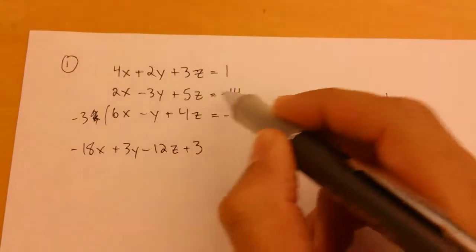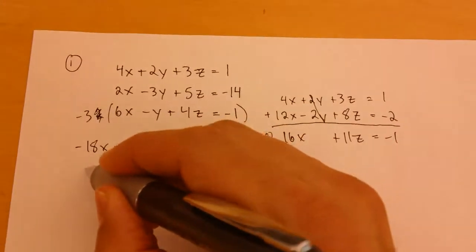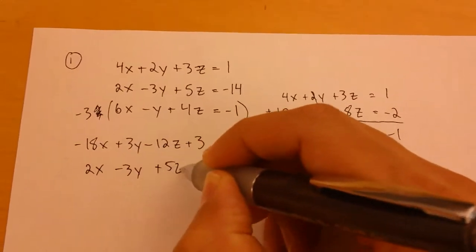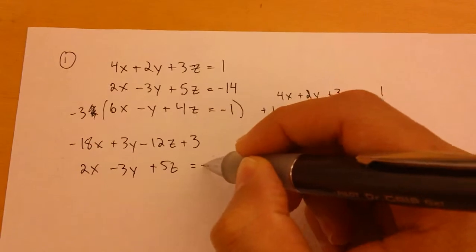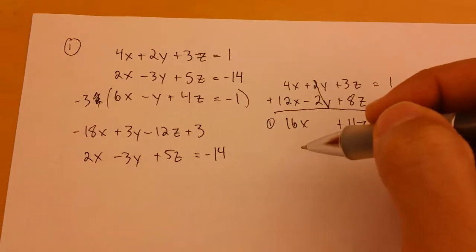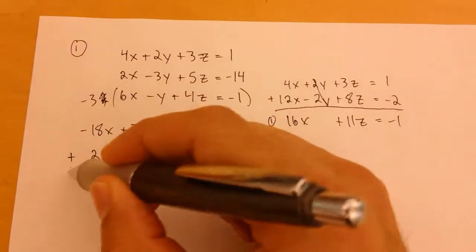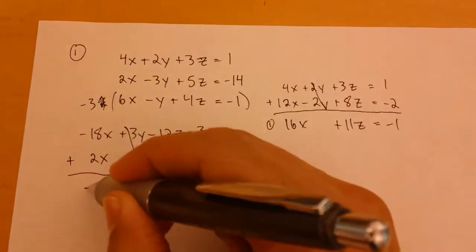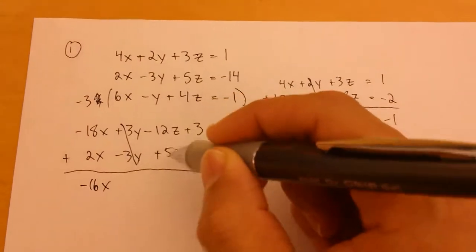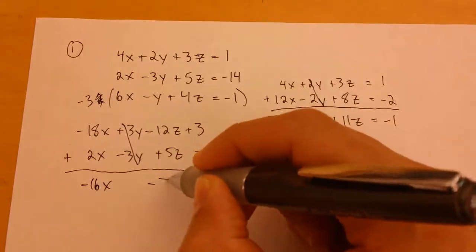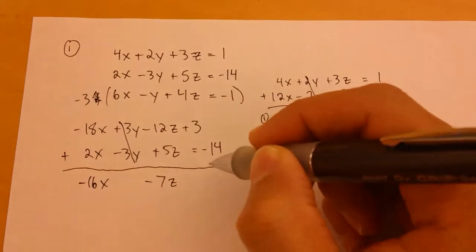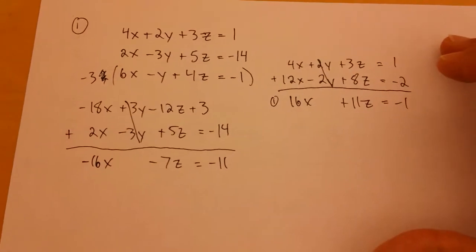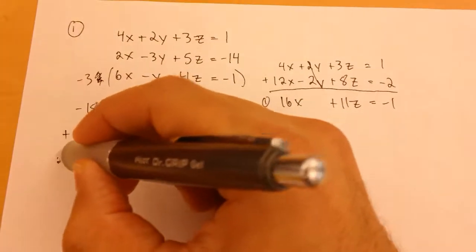And then I'm just going to bring down this equation here. I'm going to have 2x minus 3y plus 5z equals negative 14. And then I'm going to combine these, again with the goal of eliminating the y's. So now I'm going to get a negative 16x, minus 7z, and that equal to negative 11. So this is my second new equation.